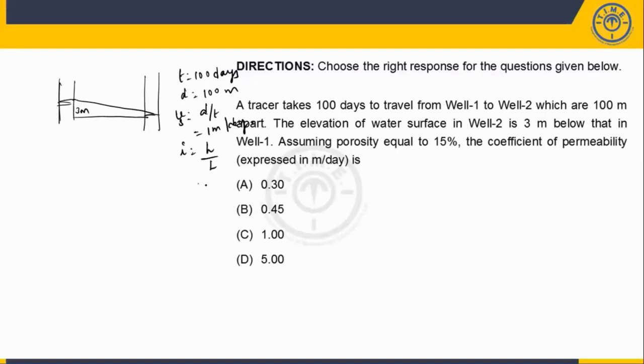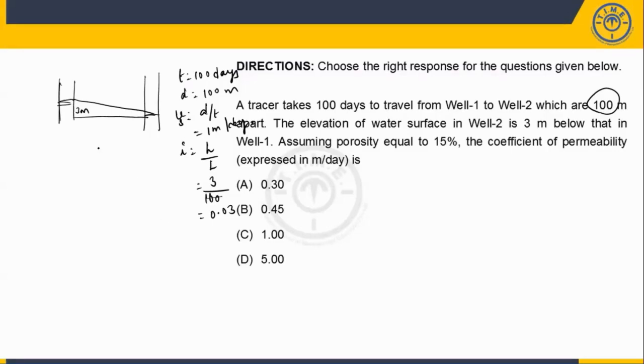Head loss is 3 meters, per unit length of 100 meters. So 3 by 100 is 0.03.